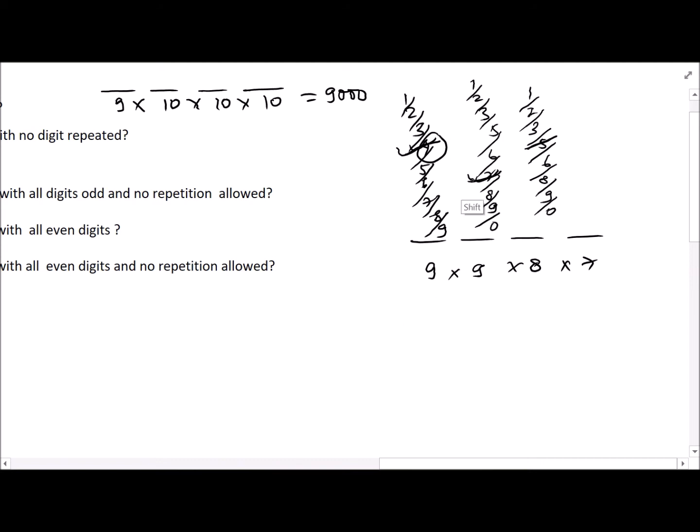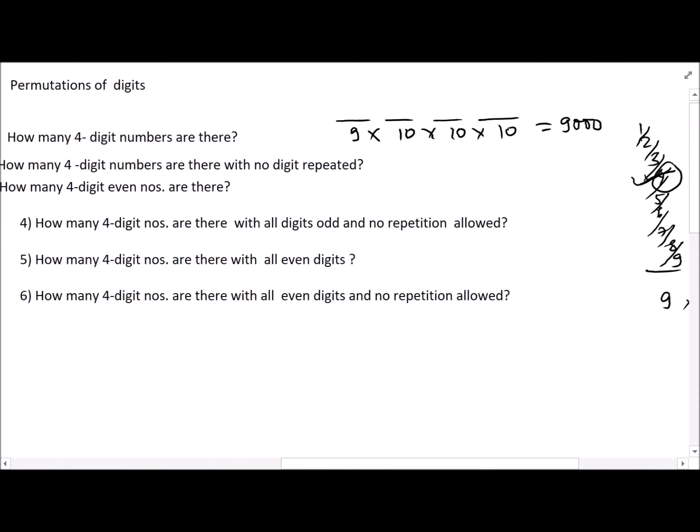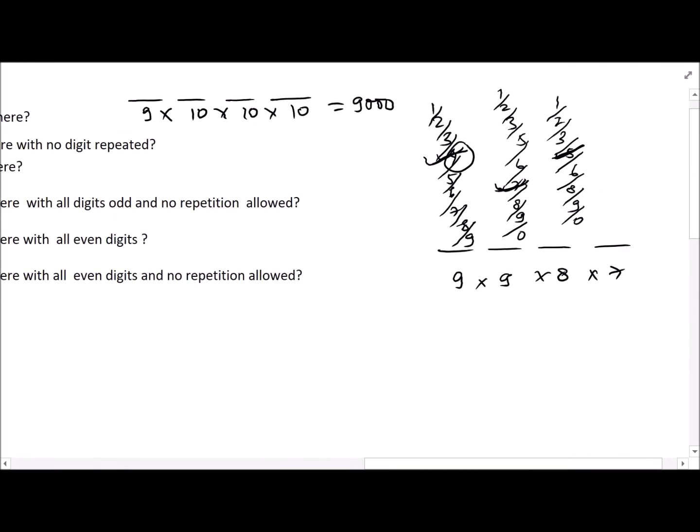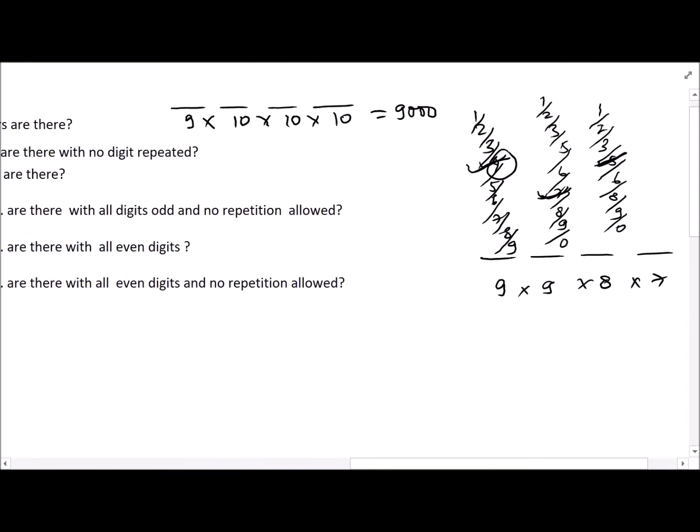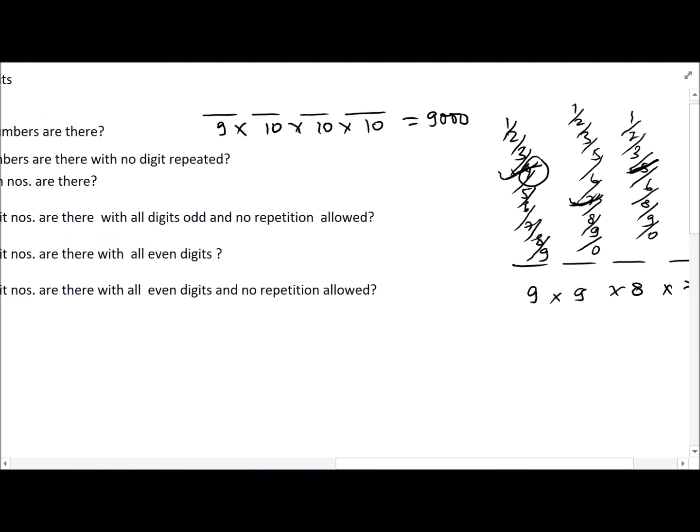See, here is 4, here is 7, here is 5. Where there is repetition? There is no repetition. Okay, so that you have to understand very carefully, that the no repetition case is dealt in this manner. 9 into 9 into 8 into 7 is the answer. Okay, so the answer is 4536.